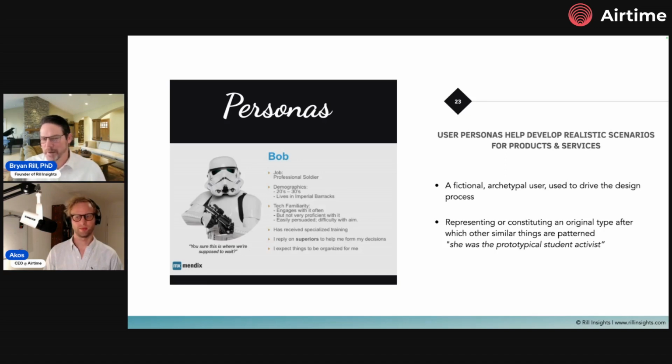So a persona is a fictional archetype, but it is an archetype that is based upon data from real people. So what we're doing is we are relying upon the human psychological ability to recognize archetypes in ourselves and in other people, and we're creating a series of these for our own product or service.